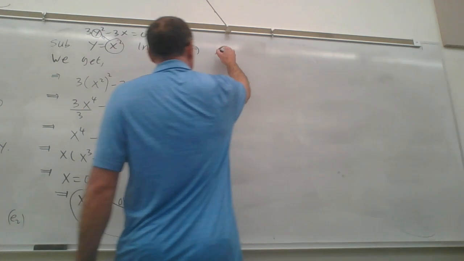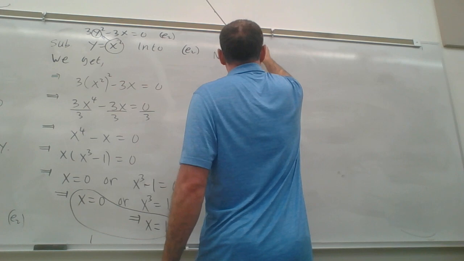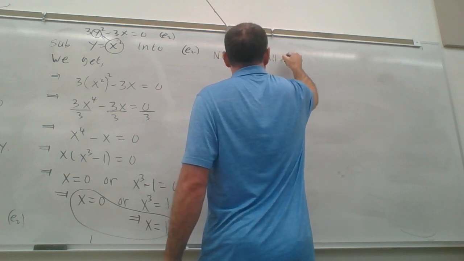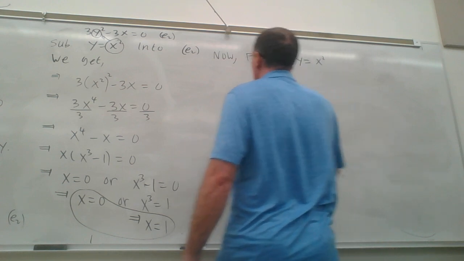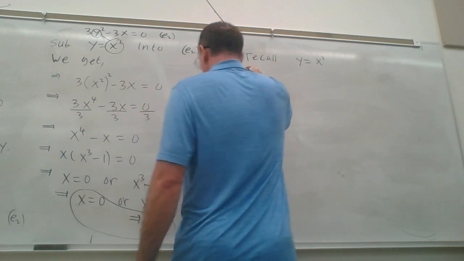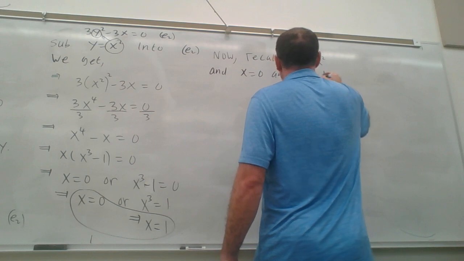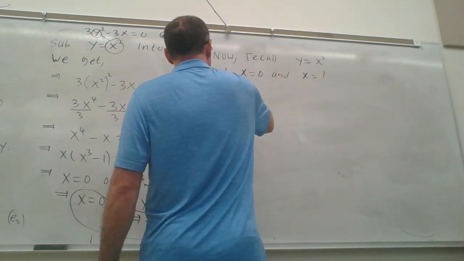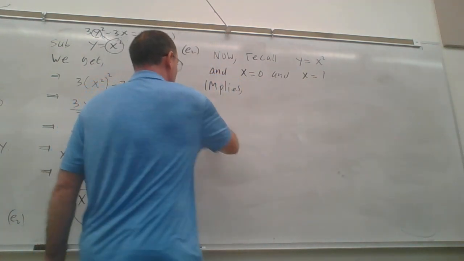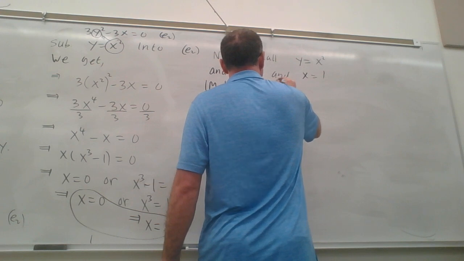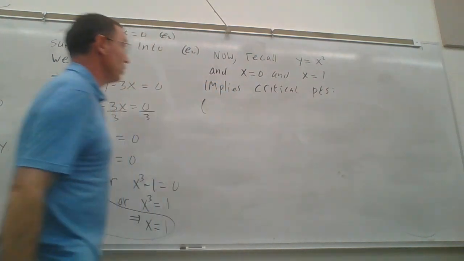So now, recalling that y equaled x squared, and x equals 0 and x equals 1 implies, so at critical points, okay, so x could be 0.